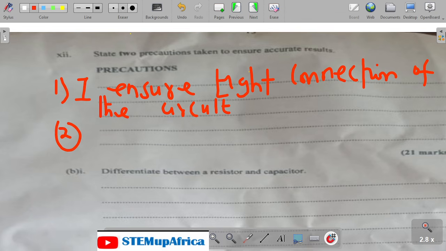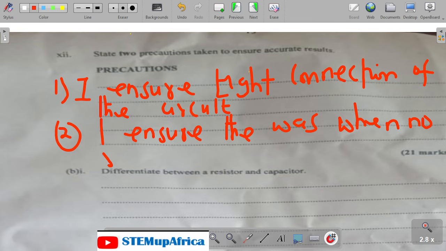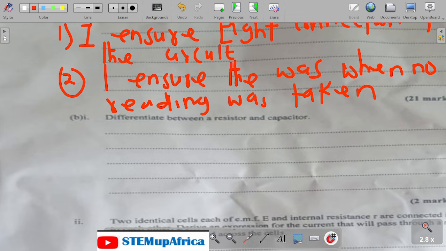Two, I ensure the key was open when no reading was taken. And the most popular one, I ensure I avoid error due to parallax when taking my reading from the voltmeter and the ammeter. You have to specify the device you avoid that error on. Then you also ensure zero error on the ammeter and the voltmeter.